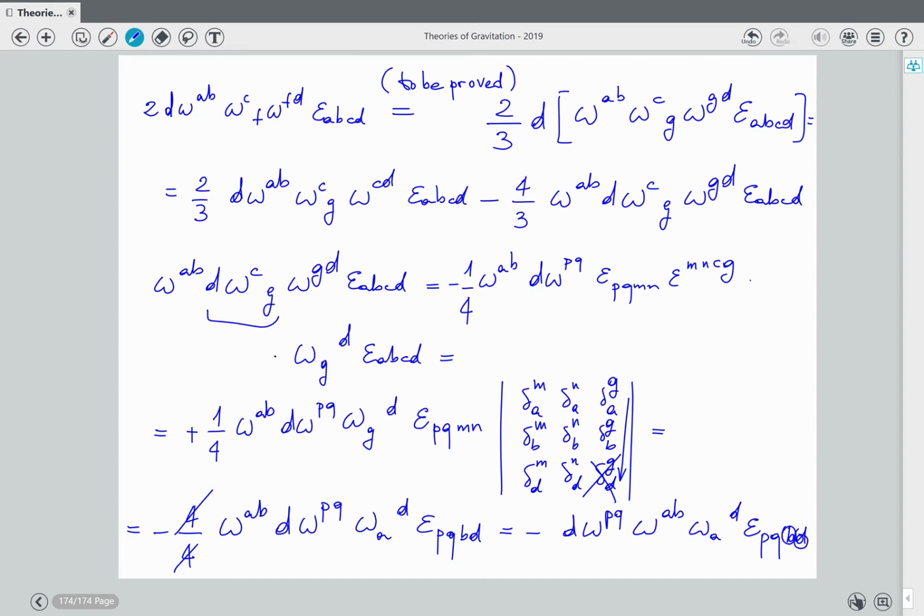So B and D. But here we have to exchange one index. So if we exchange one index, we have a problem because the minus sign should survive here, and it doesn't. So we check it again. No, it's okay actually. It's okay.